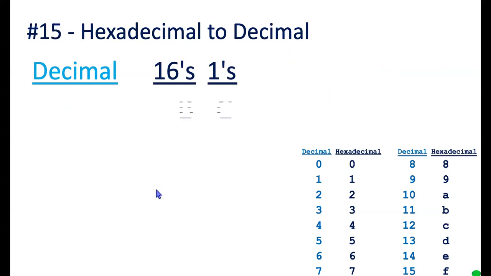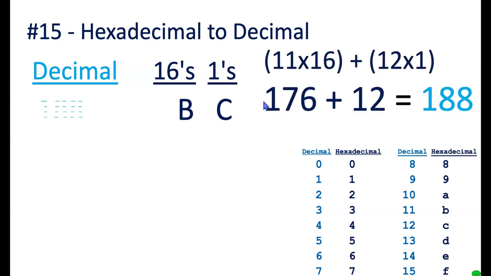Okay, how about BC? Uh-oh. Now I got to do some multiplication. It's not that hard though. B is in the 16s column. C is in the ones column. So let's look at this. B, where's B? It's 11. So I have 11 16s. 11 times 16.